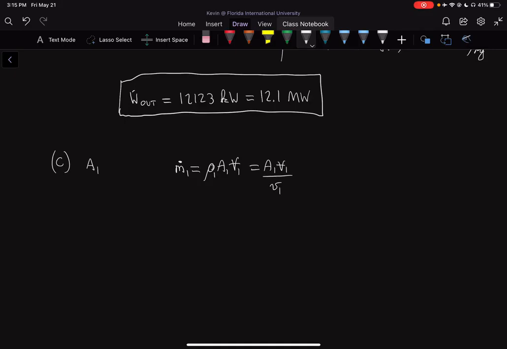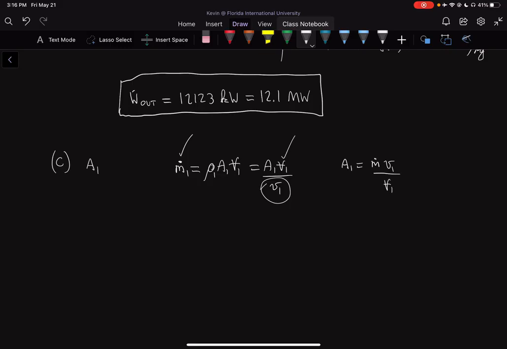So if we can find specific volume 1, we already have velocity, we already have the mass flow rate, we can find the area. So area 1 is equal to mass flow rate times v1 over velocity 1.